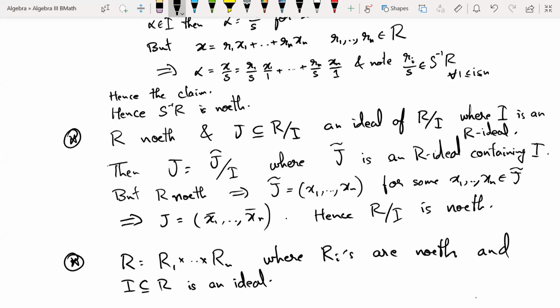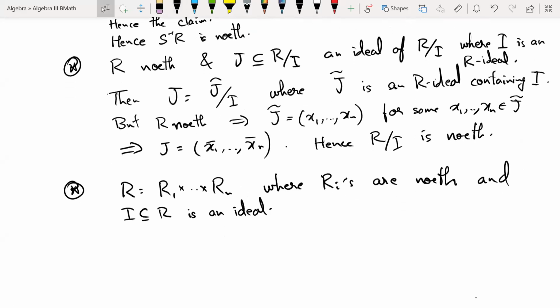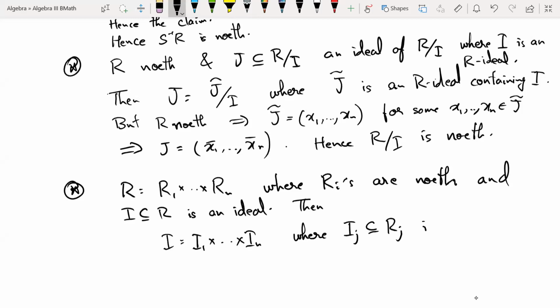How does I look like? Product of ideals. We saw that I is of the form I1 cross ... cross In, where Ij is an ideal.